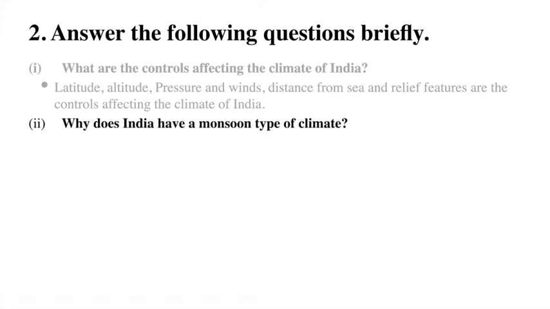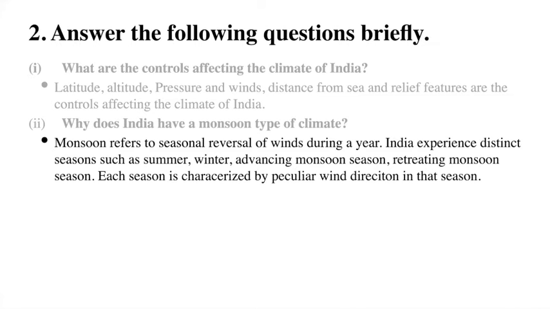Why does India have a monsoon type of climate? Monsoon is the seasonal reversal of winds during a year. Such a reversal happens in India.